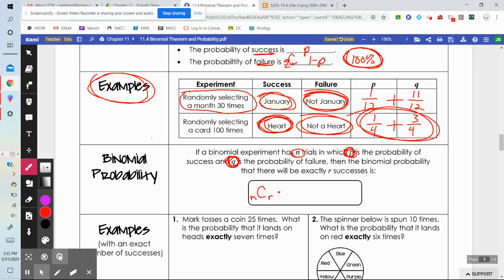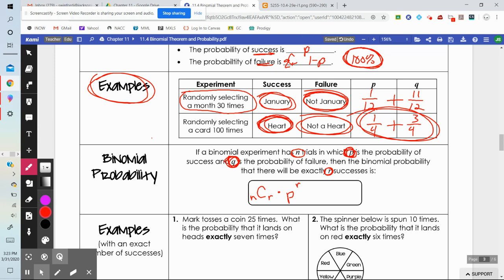The reason why was we had 4 trials, and we had R successes, so 4 choose 3. So we're going to do the combinations of N choose R, where R again is the number of successes, and P is the probability of each of those, where now we have P to the R power, where P is the probability of success.